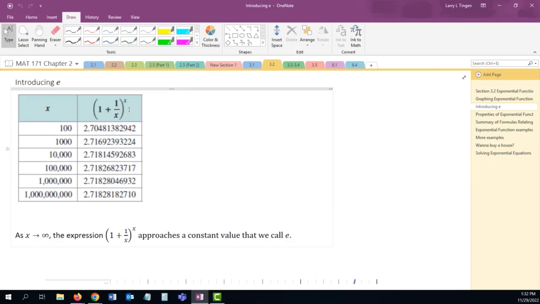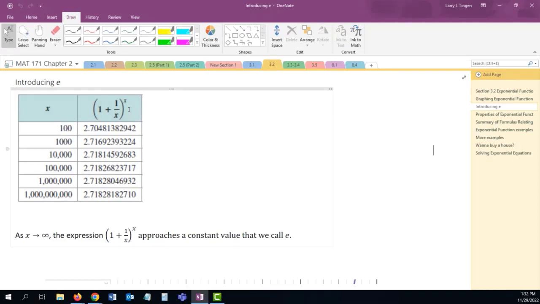There are expressions that if you let x go as large as you want, the entire expression itself is not going to go past its limit. There's going to be a number that it cannot quite reach, just like the exponential function. As it goes off toward negative infinity, it never reaches zero.